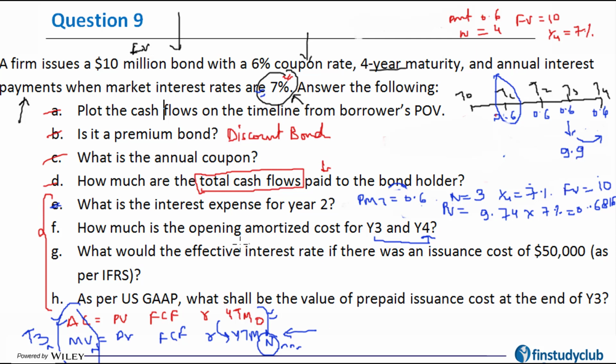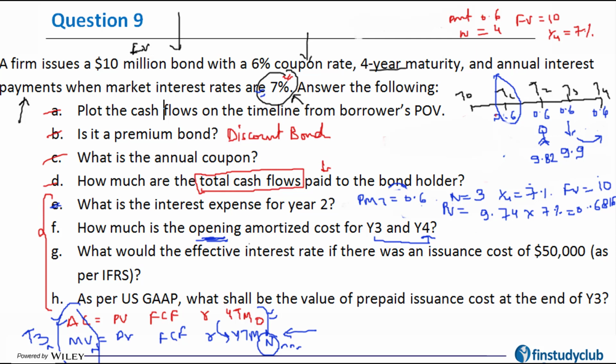So the answer for the opening amortized value for year 3, I didn't read that word opening. So opening for year 3 is going to be a value here. Therefore N should have been equal to 2, and to compute PV is 9.82. This will become the opening value for the fourth year.